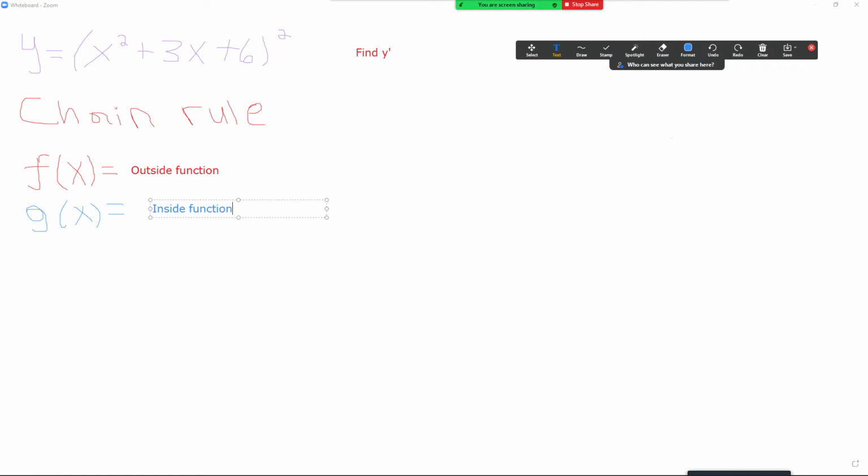Now you may be wondering, this may be a familiar term from before, when we were learning how to do functions such as composite functions. The idea of chain rule really originates from composite functions.